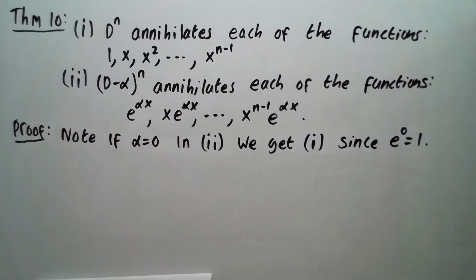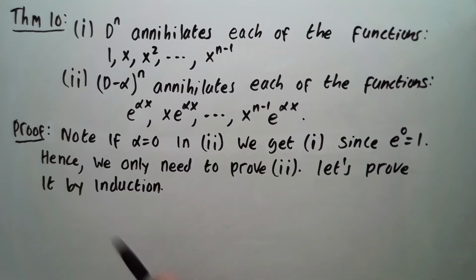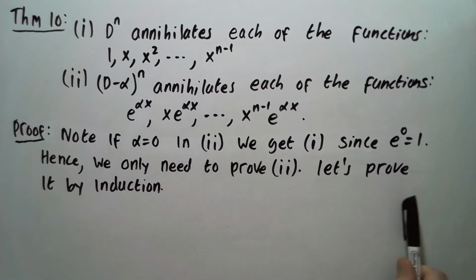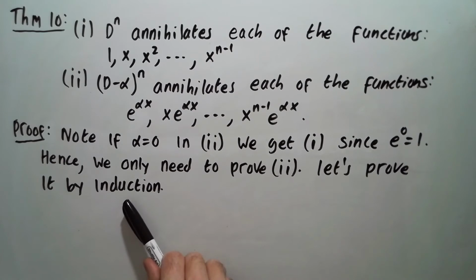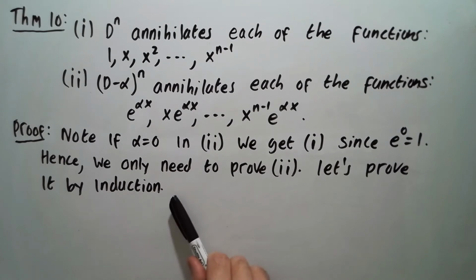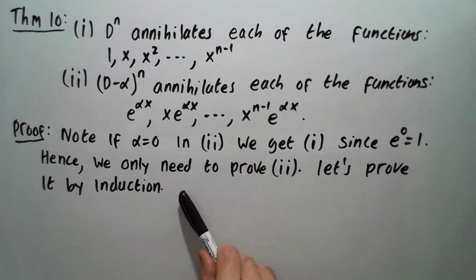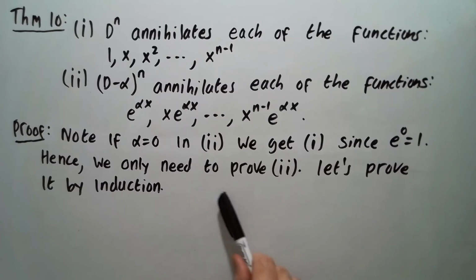Okay, let's keep going. Hence we'll need to prove part 2. To prove this, because n could be any whole number, we need to use induction. To prove something by induction, we're first going to show that when n is 1 it holds, and then we're going to assume it holds for n equals k, and then show it holds for n equals k plus 1.